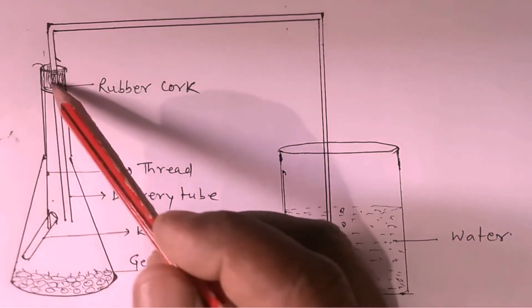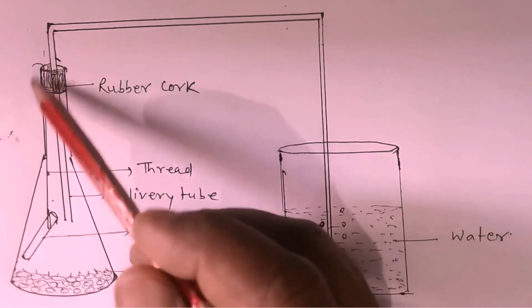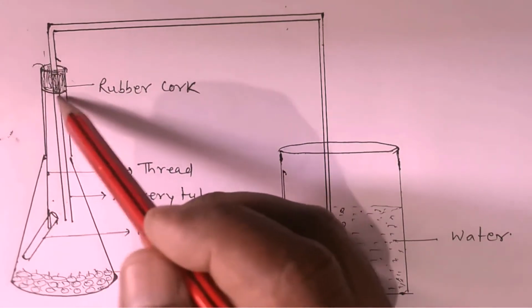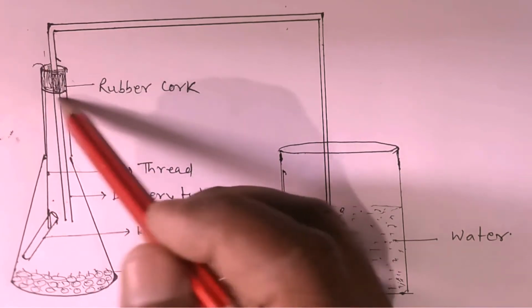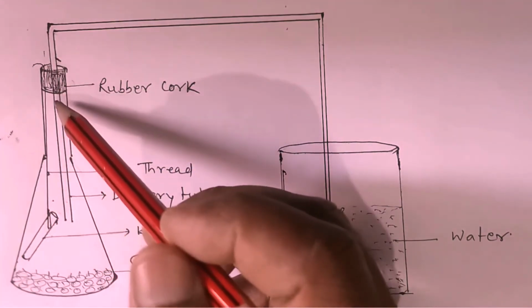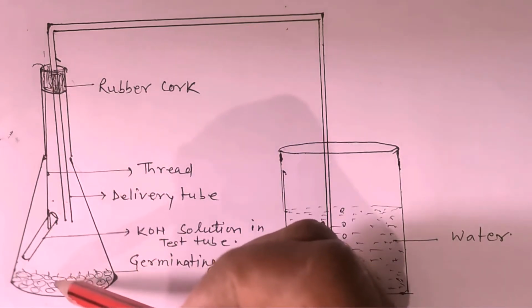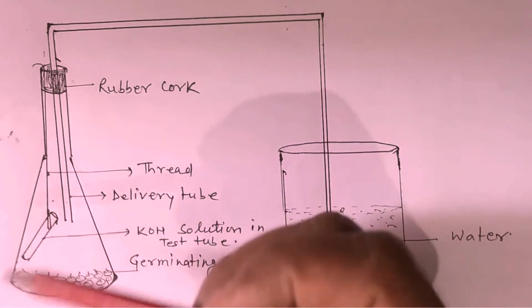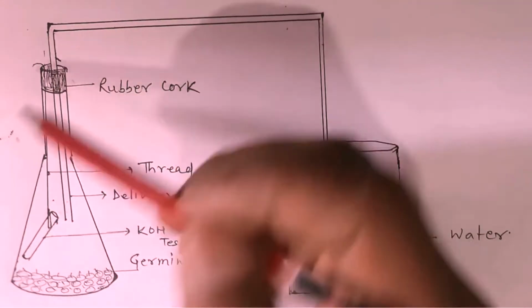Now make the conical flask airtight just by applying Vaseline on its mouth region so that no air can enter the conical flask and no air or gas goes outside from the cork.